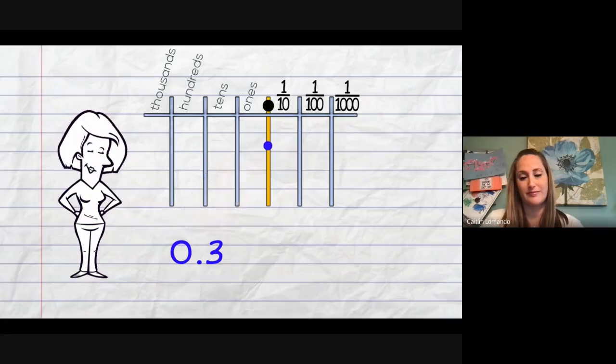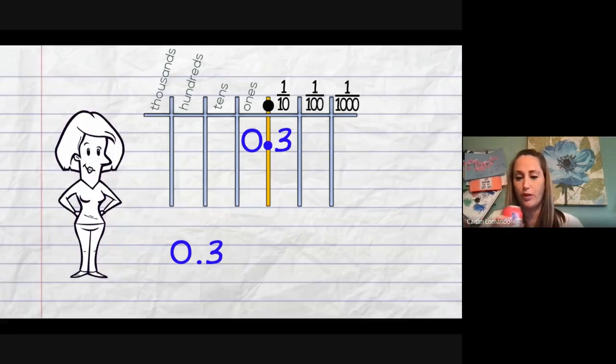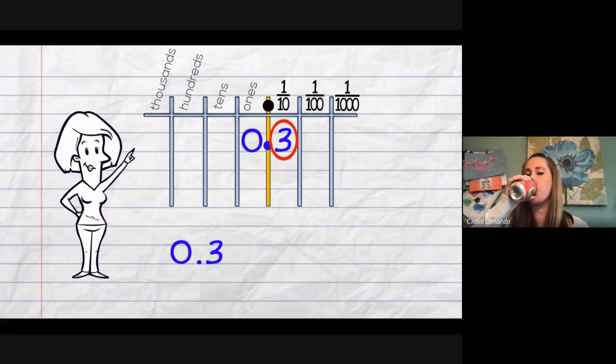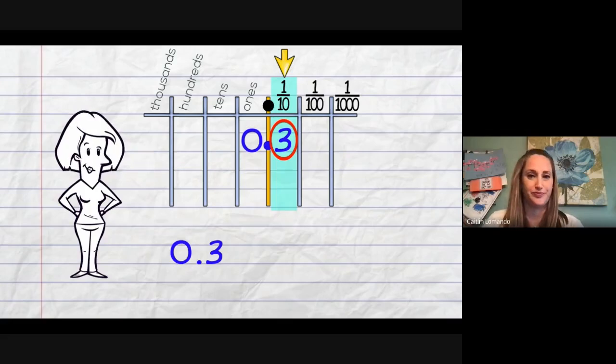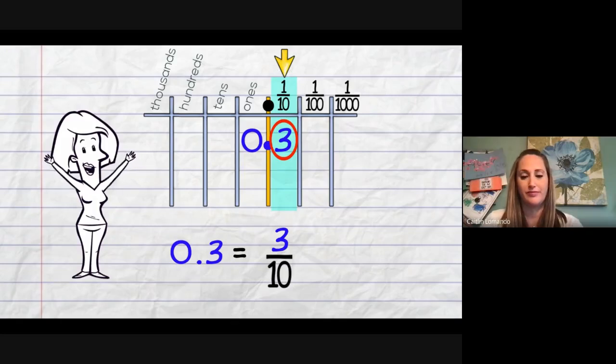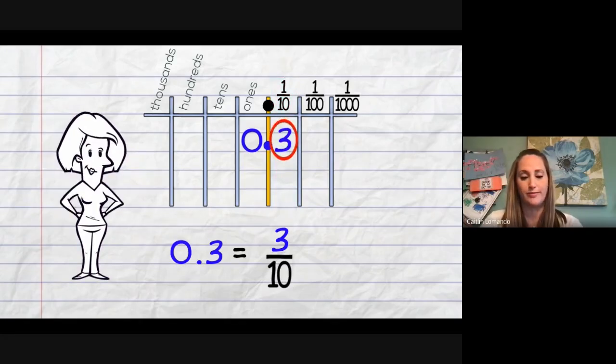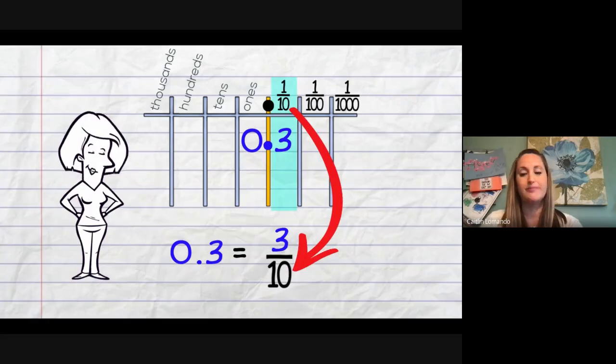Line up the decimal point and then it's 1 digit per column. There is only 1 digit after the decimal point and it's sitting in the tenths column. So 0.3 is the same as 3 tenths because the 3 is in the tenths column. Easy. The digits after the decimal point become your numerator. And to find the denominator, just think through your tenths, hundredths and thousandths columns.